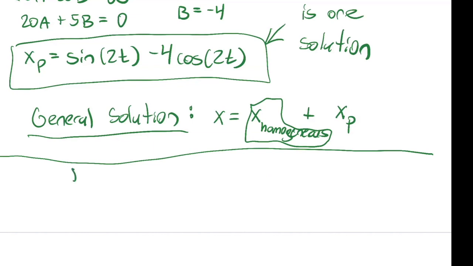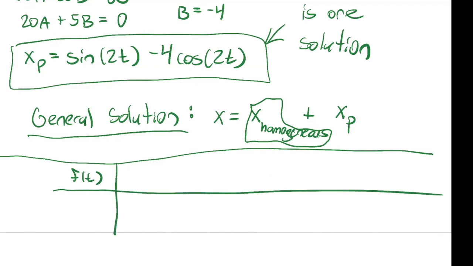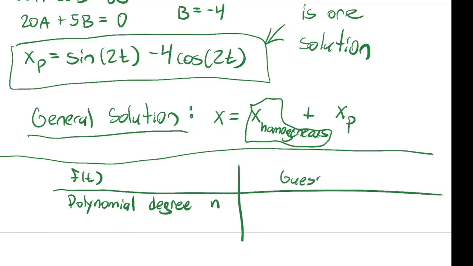So if the forcing function, we'll call it f of t, is a polynomial of degree n, then we would guess the most general looking polynomial of that same degree.